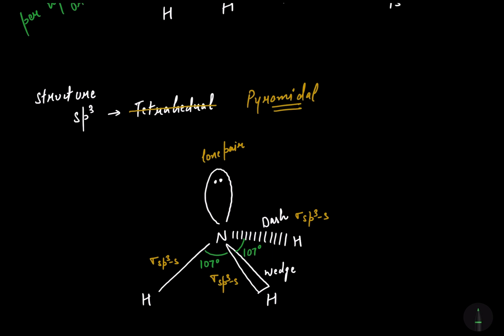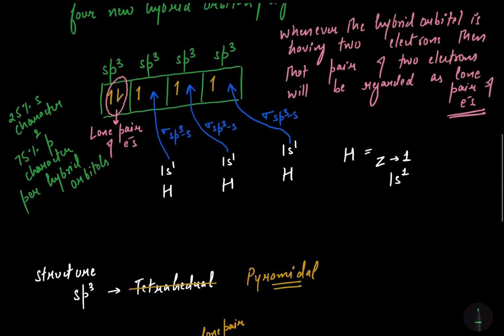The valence shell electron pair repulsion theory will answer why this bond angle is getting smaller. So I hope you got this. So whenever the sp3 structure has one lone pair, then that tetrahedral geometry will now be named as pyramidal geometry, because we don't consider lone pairs while naming the structure of any compound. So that's all for today.